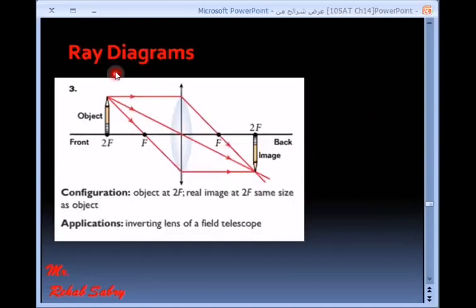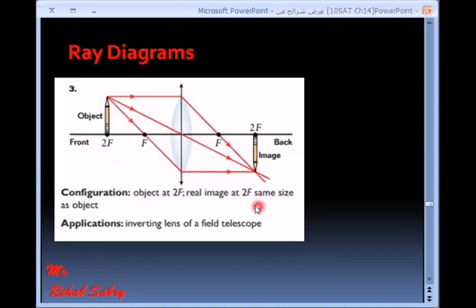The next case, if the object is at 2F. The parallel ray goes through the focus. The central ray goes straight. The ray through the focus goes parallel. They will meet each other at 2F.